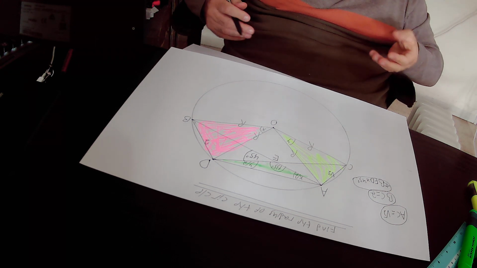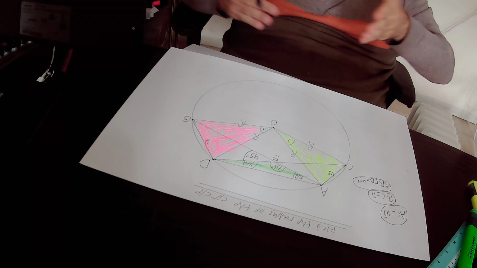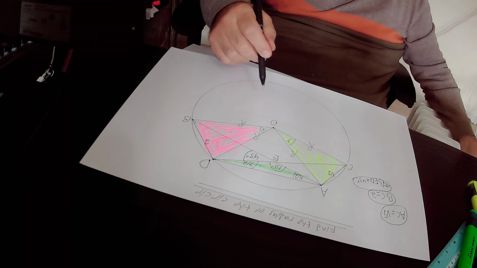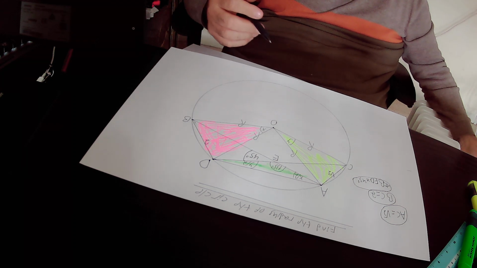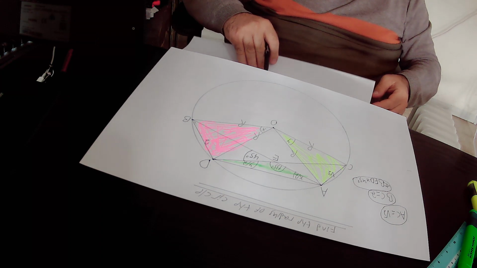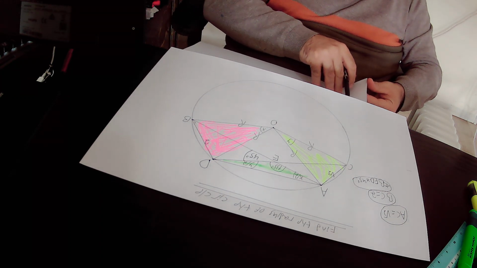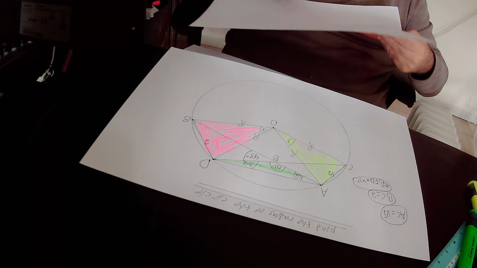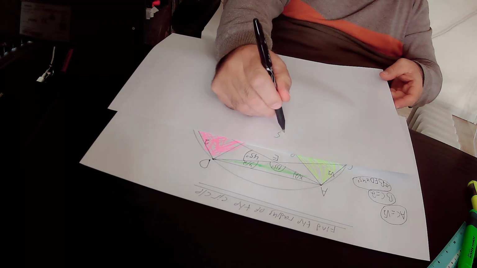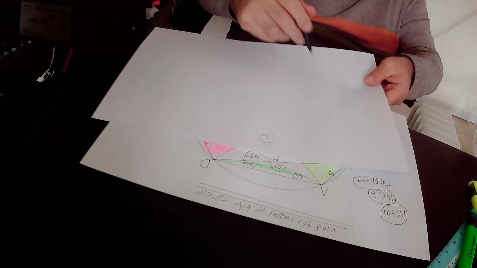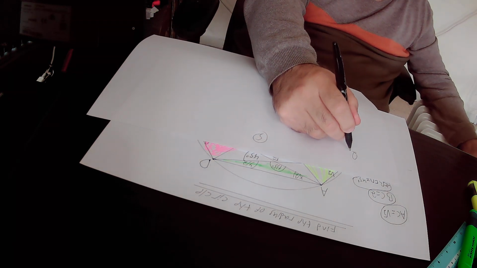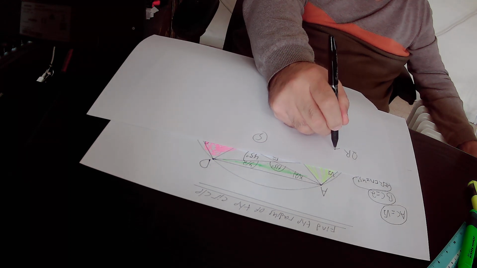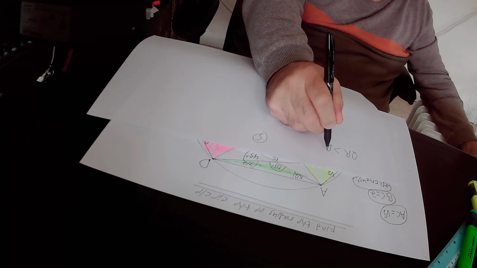And we also know that the diameter of any circle is the longest chord in the circle. Therefore, the diameter 2R is greater than DB, which is not the diameter of the circle. So I write it down. Here, the diameter of the circle, that is 2R, the longest chord in the circle, must be greater than DB.